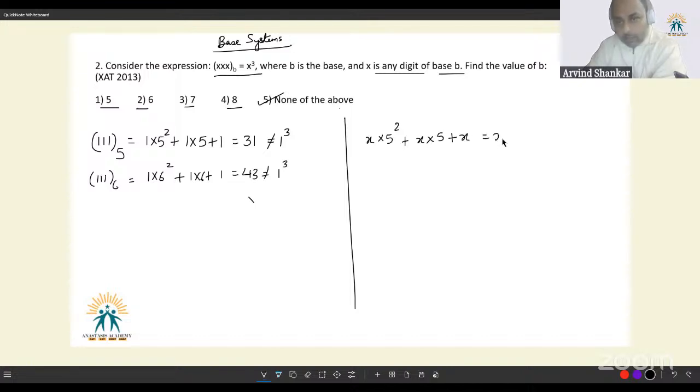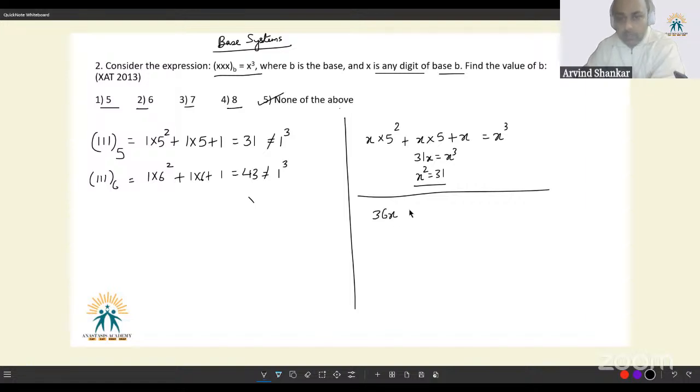And if this is equal to x cube, what I'm essentially getting is 31x is equal to x cube. Yeah, x square is equal to 31. And there is no integral value where this is valid. This is for the first option. Second one देख लेते हैं.